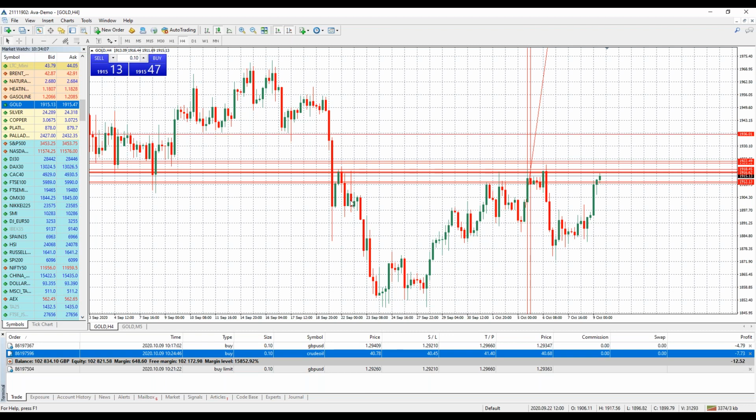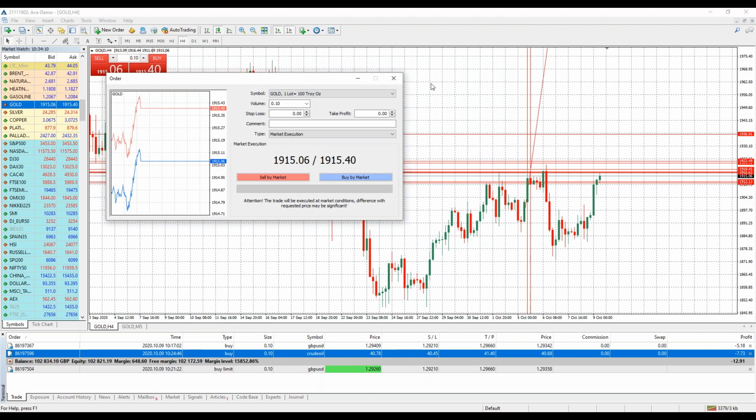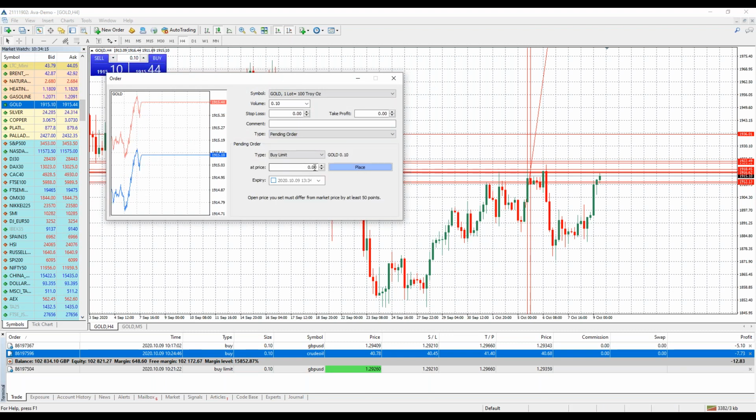Okay, so if we're looking at a 2 pending order setup for this strategy, so pending order to sell if the price hits, that's a sell limit. If the price hits, let's say, 1920, we could even say you'd get in a little early, 1919.50, just before 1920.